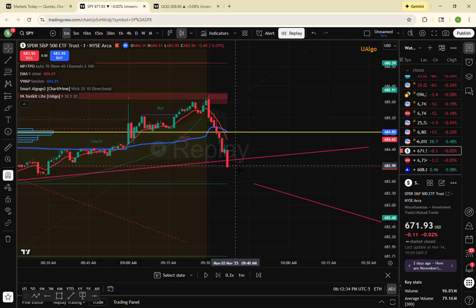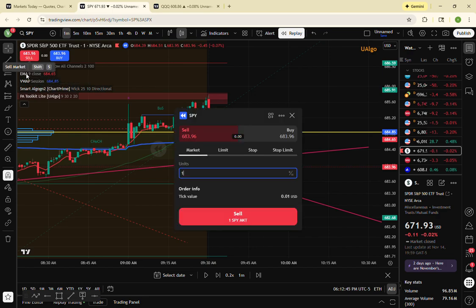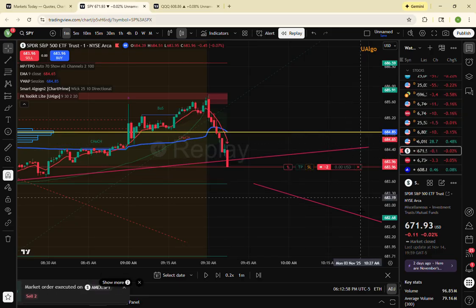So now I'm going to sell, because number one, this red candle right here engulfs this green candle right here. I'm going to stop, sell. Let's just say two contracts. All right. Sell.